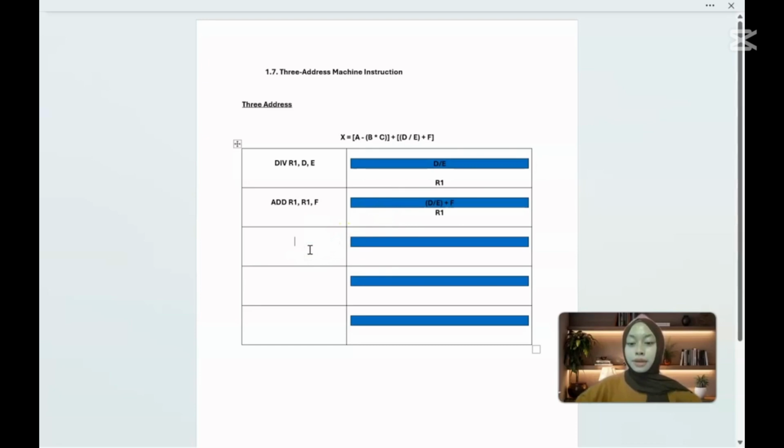Next is multiply R2, B, C. So B multiply C is stored into register R2.